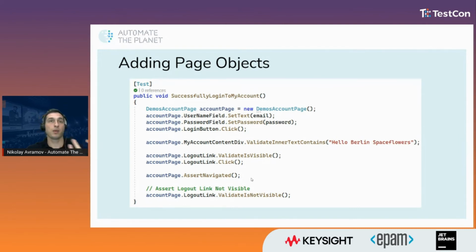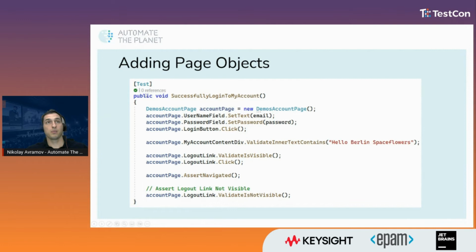Adding page objects to your test automation is one of the design patterns that is very commonly used. So in our case, we just extracted our element maps into a separate class. We call it demos account page. So we have properties for each of the components that we want to use.